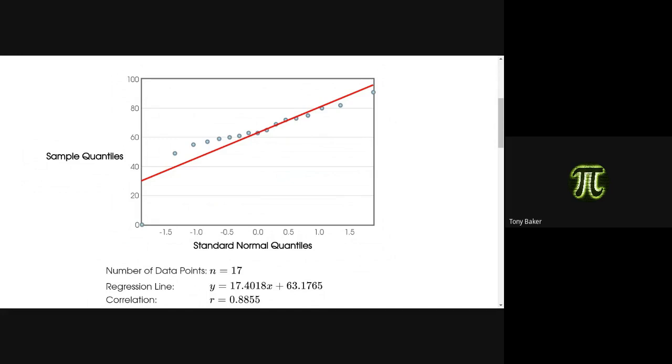Okay? What do you notice? We have an outlier. Exactly. And that 1 point seems to be making this not as normally distributed as possible.